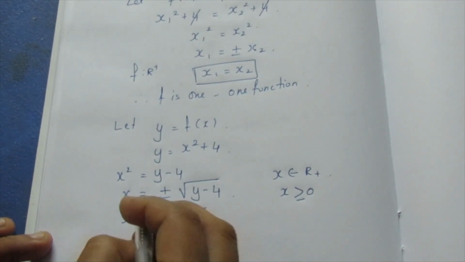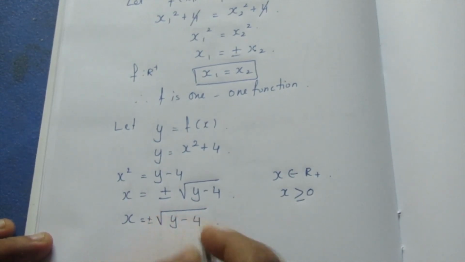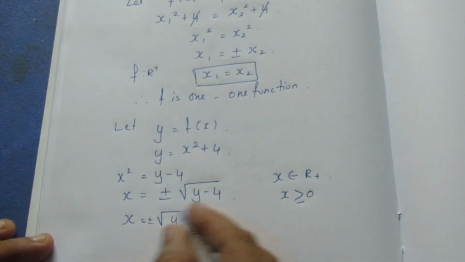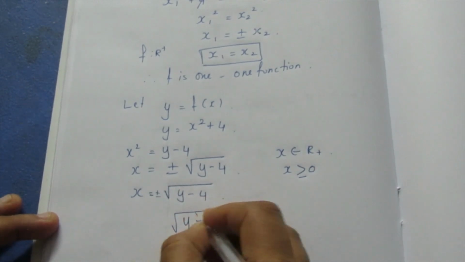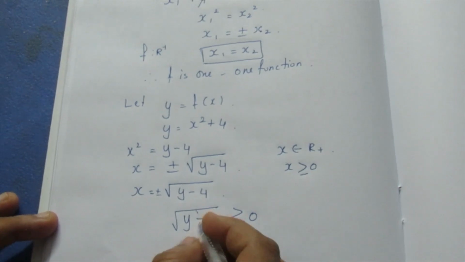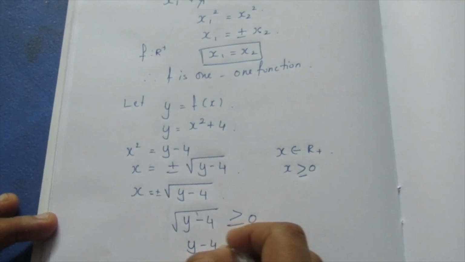Now we know that x is greater than or equal to 0. Substituting the value of x, root of y minus 4 is greater than or equal to 0. Taking the root to that side, it becomes square, and 0 square is 0. So y minus 4 is greater than or equal to 0.